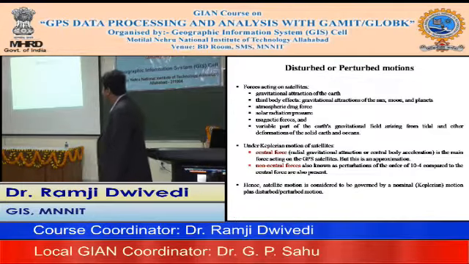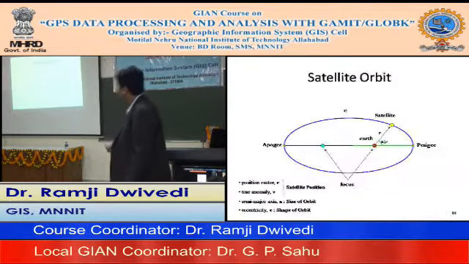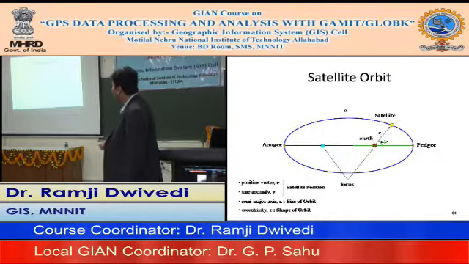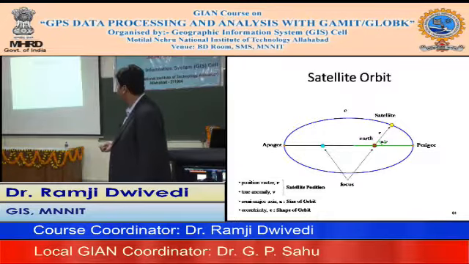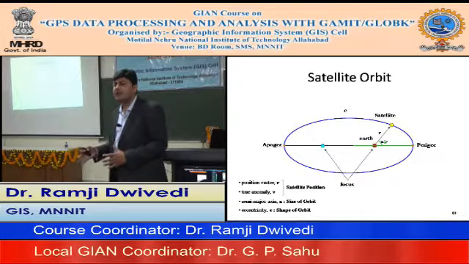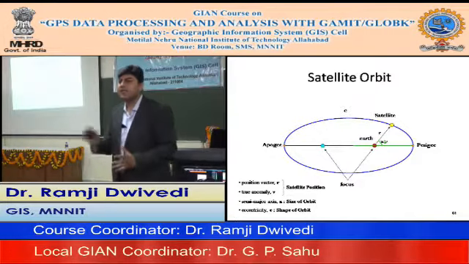As you can see from this very nice graphic, this is your satellite in a particular orbit. These are the foci, and on one of the foci is the Earth. Please see very carefully: this is the nearest position of the satellite, the perigee, another is the apogee, and this is the anomaly. This is the position vector to the satellite. Normally people do this conversion not directly from ECI to ECF.